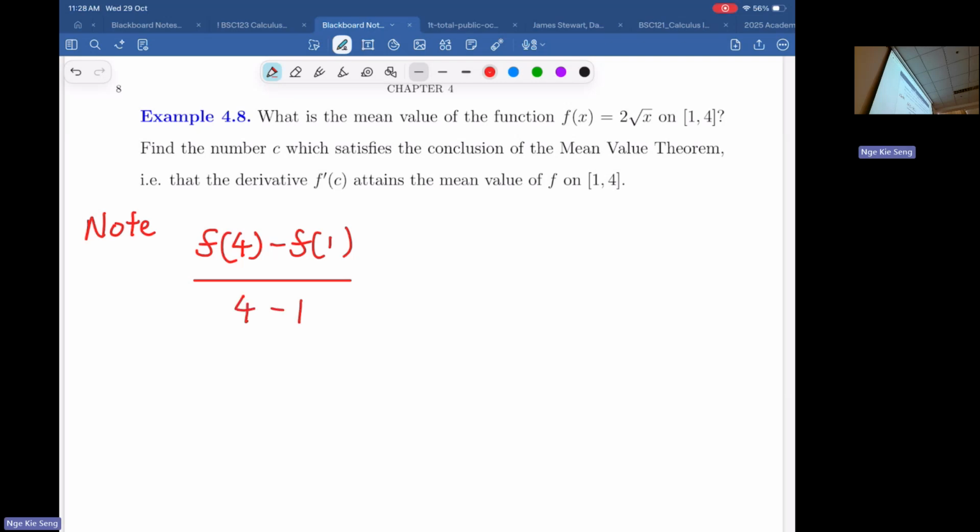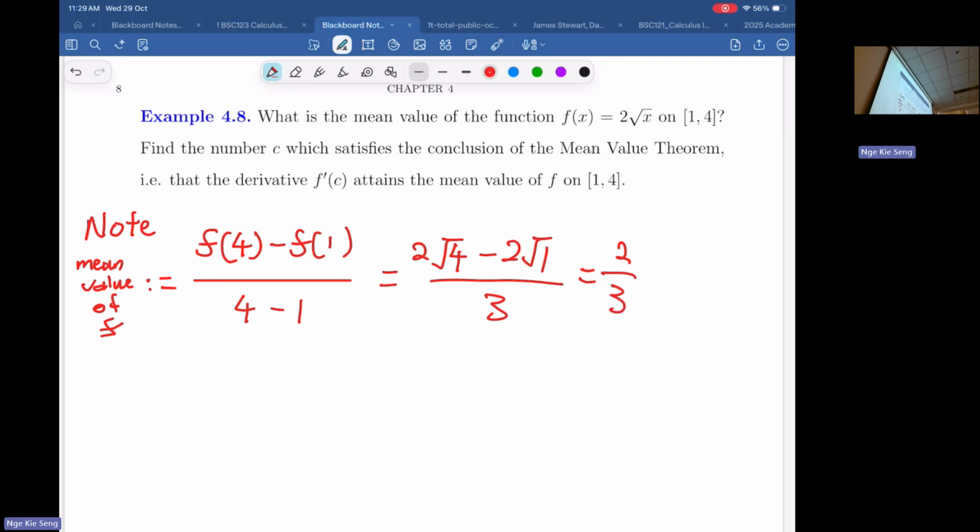Mean value of f is defined as this. It is the derivative of the secant. So what's this then? This is 2 square root 4 minus 2 times square root 1, over 3, which is 2 over 3.